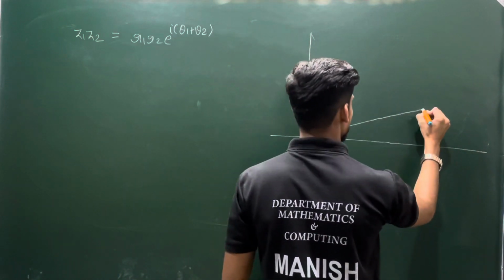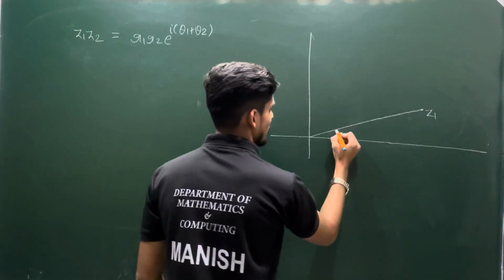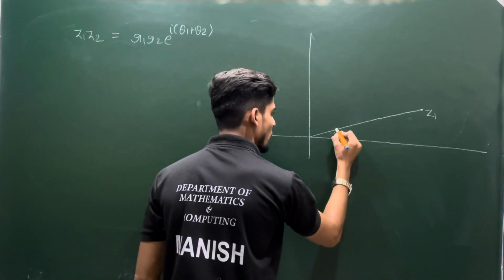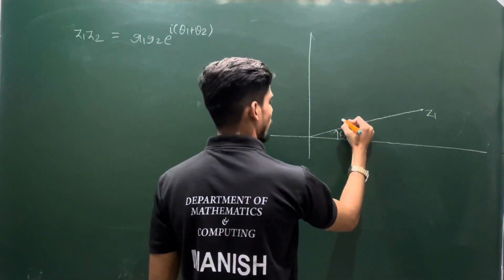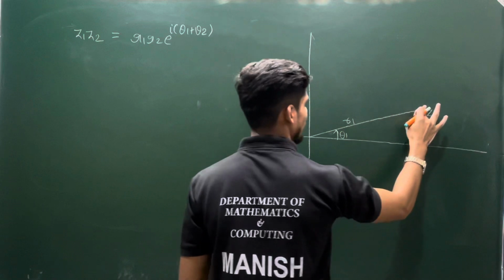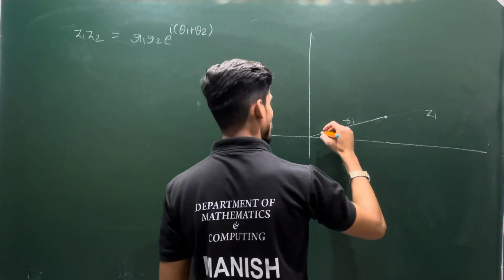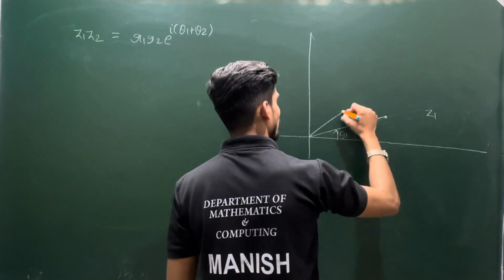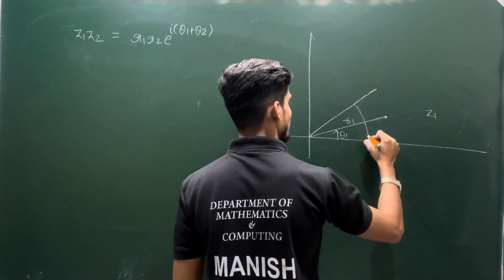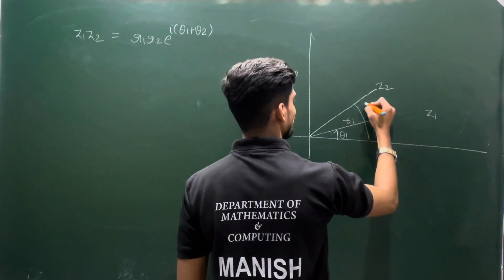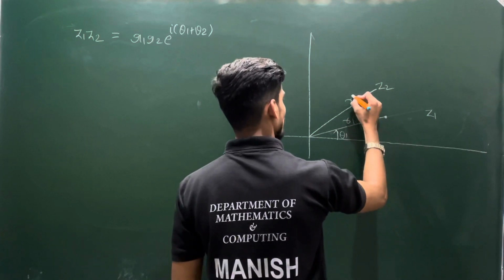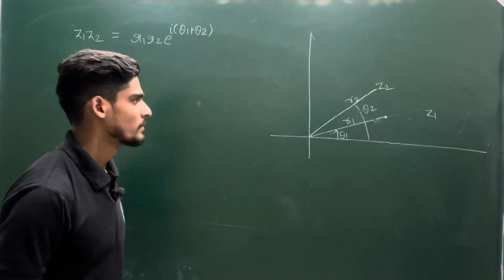Suppose this is your complex number z1. Let this angle be theta 1 with the positive x-axis, and this quantity is the modulus r1. Let me take it a little small, because this is always positive, not negative. Say this is your z2, this angle say theta 2, and this modulus is r2.